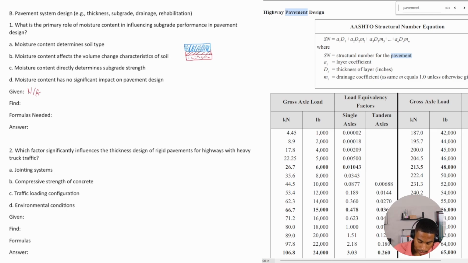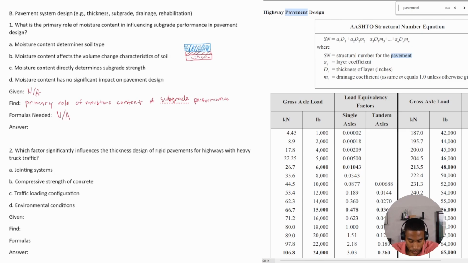We're trying to find the primary role of moisture content on subgrade performance. Are there any formulas needed? In this case, not applicable. So what's our answer?